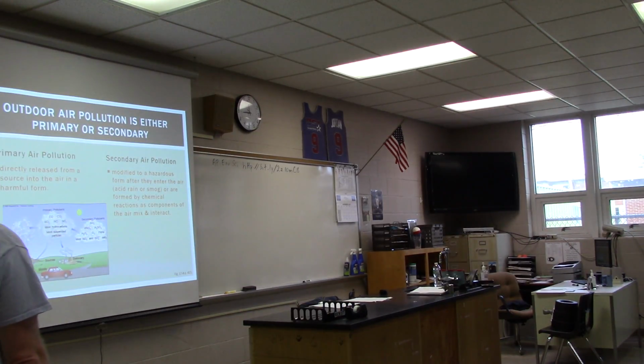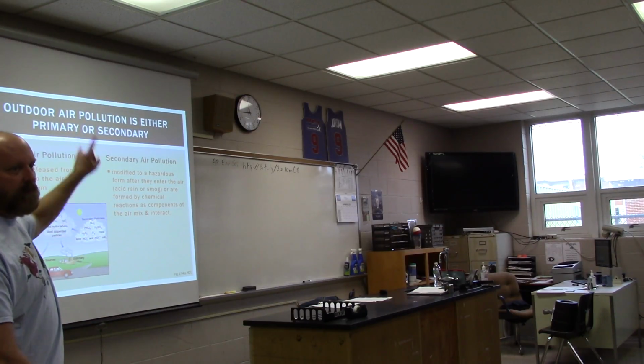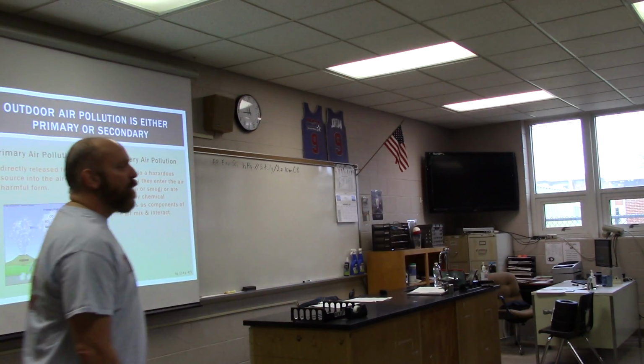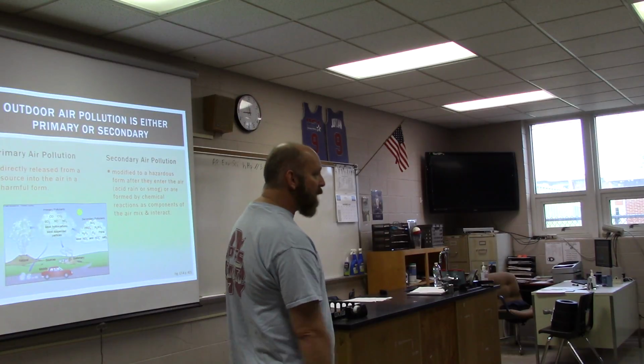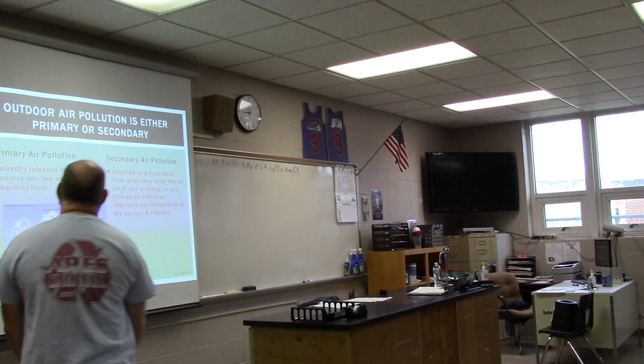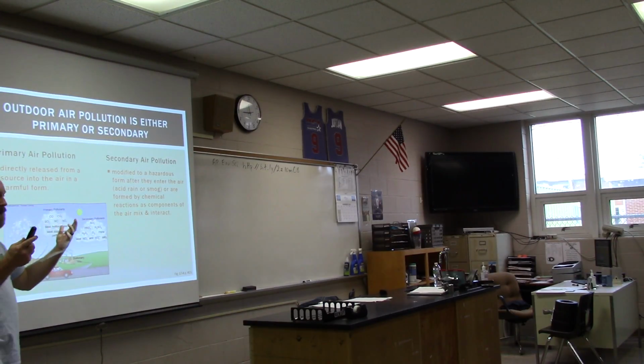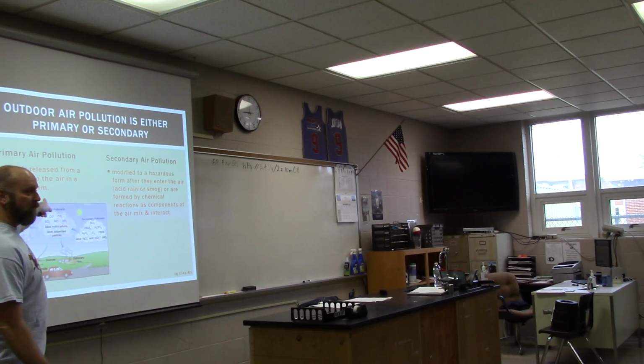All right. So you've got to know these two things. What is the difference between a primary air pollutant and a secondary air pollutant? So basically, if you got a chemical that's released from a source into the air and it's immediately considered to be a pollutant, like immediately, then that's a primary air pollutant.